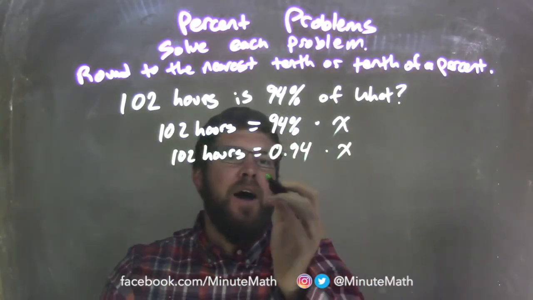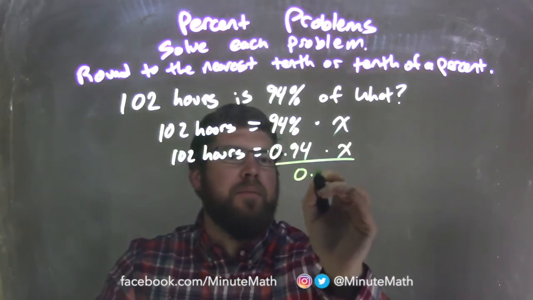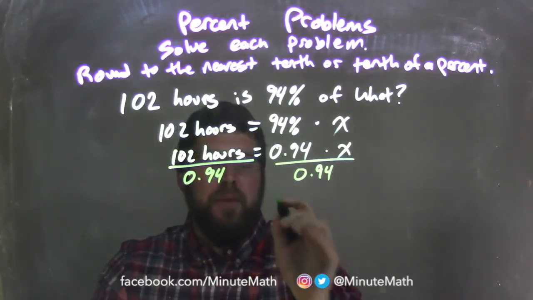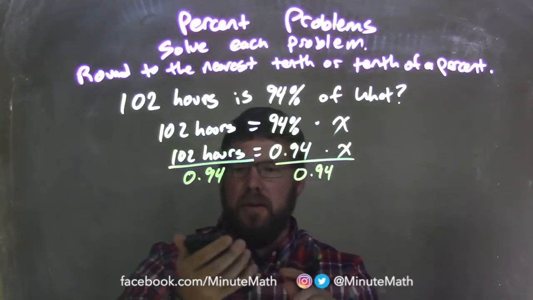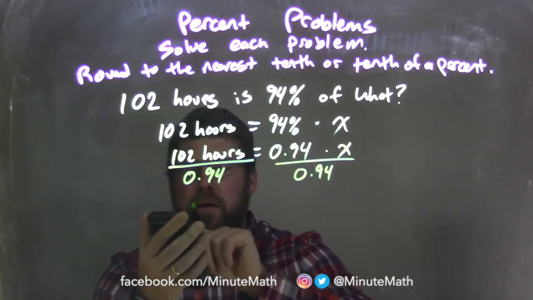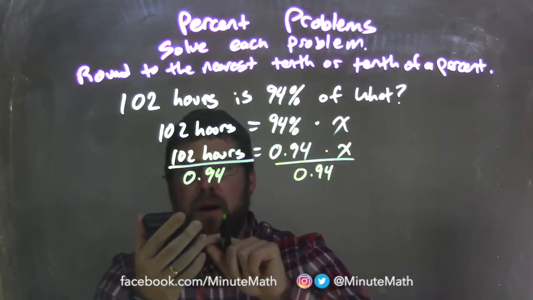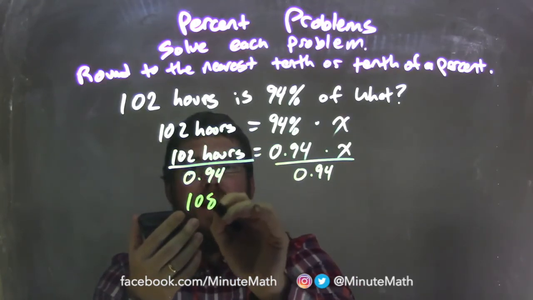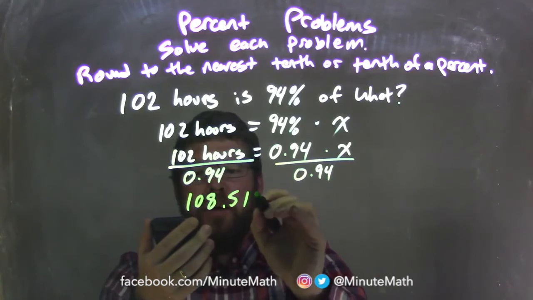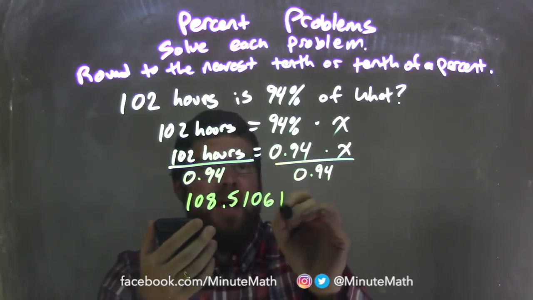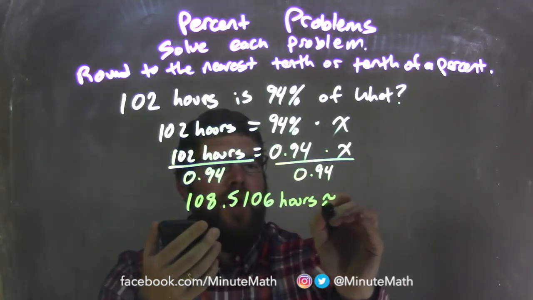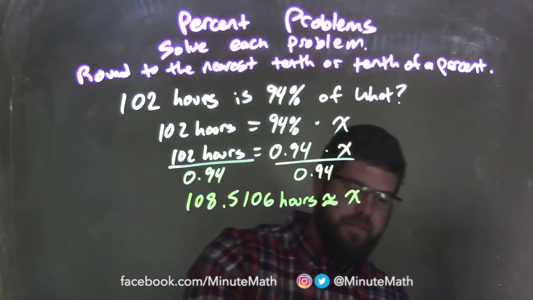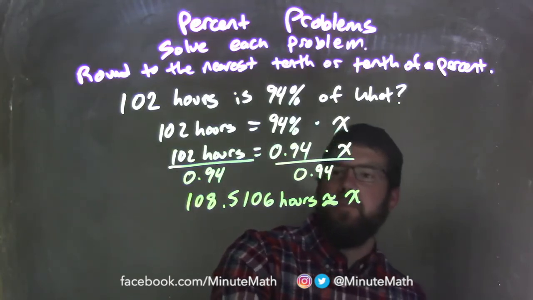From there, I need to divide both sides by 0.94, leaving me with, well, let's see what our calculator here says. 102 divided by 0.94, which comes out to be 108.5106 hours, which is approximately, because I rounded there, equal to x. Good.